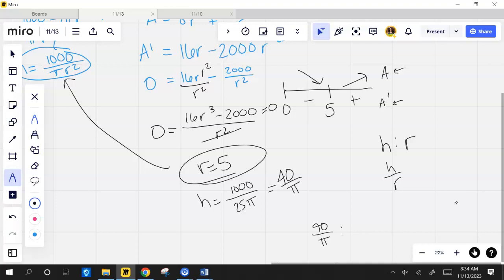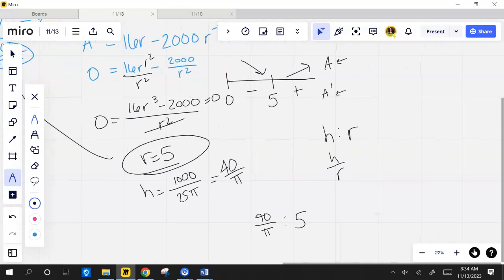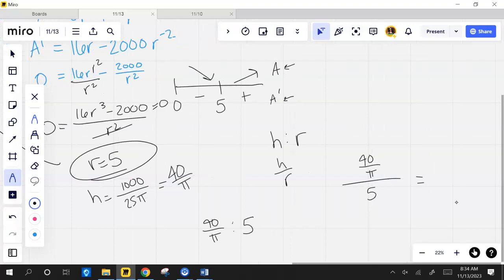This is to 5. And I think that they wrote it a little bit differently in your book. So they divided both of these by 5 to understand that if you do 40 over pi divided by 5, right? Because that's what a ratio is. This is like 40 over pi times 1/5.